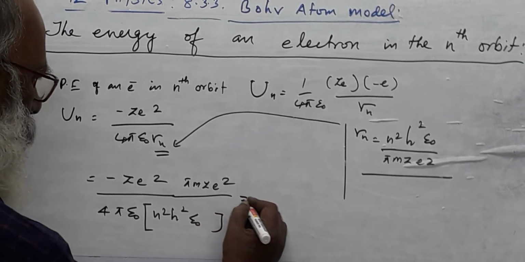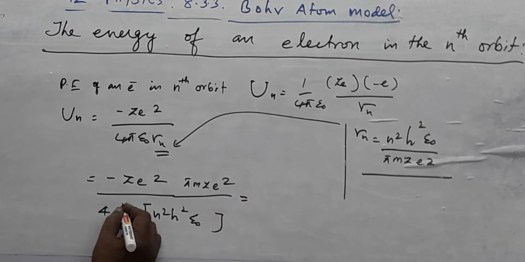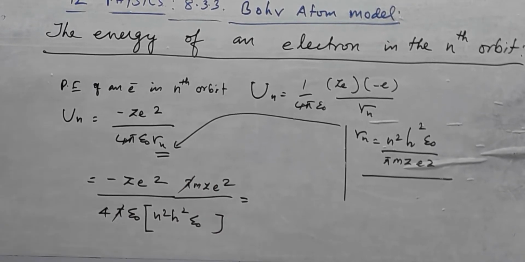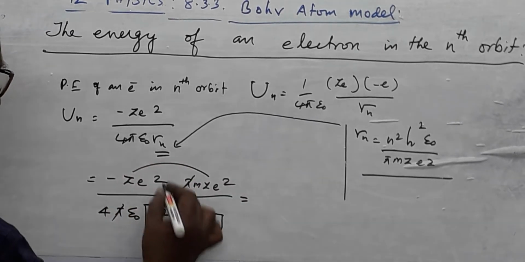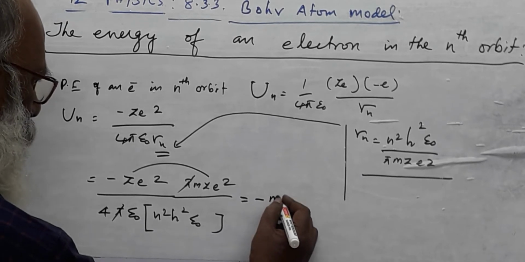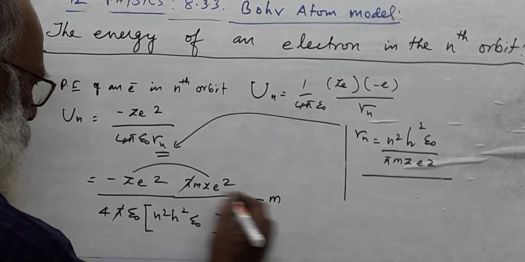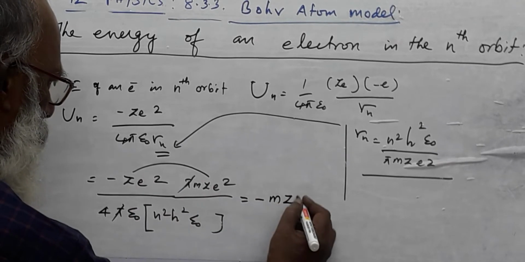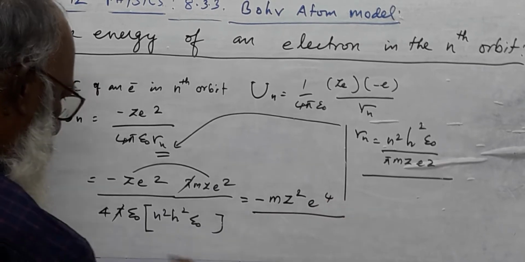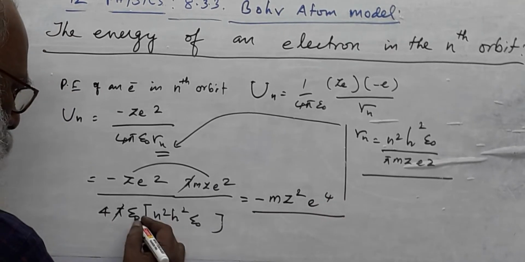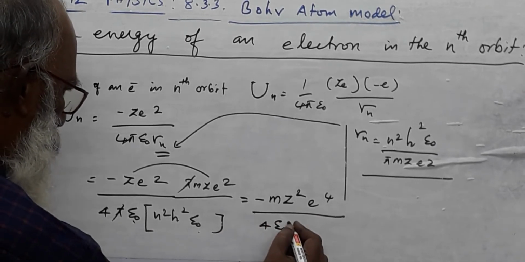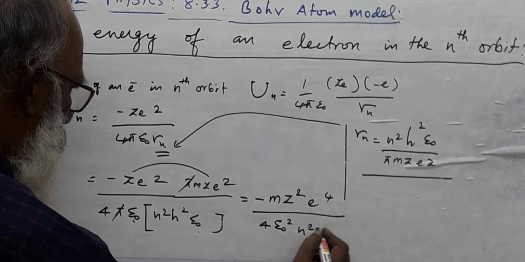Now by simplifying this, pi cancels. Therefore we get minus m Z square e power 4 divided by 4 epsilon naught square n square h square.